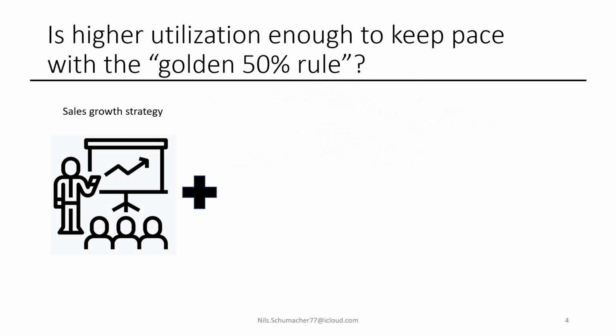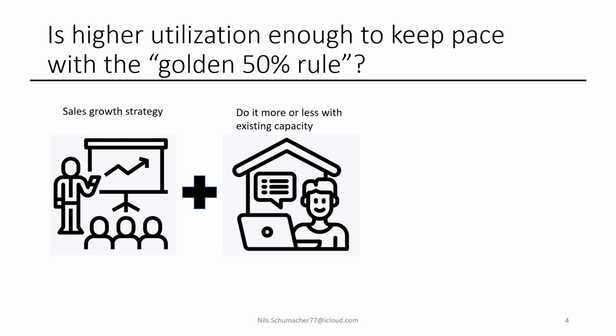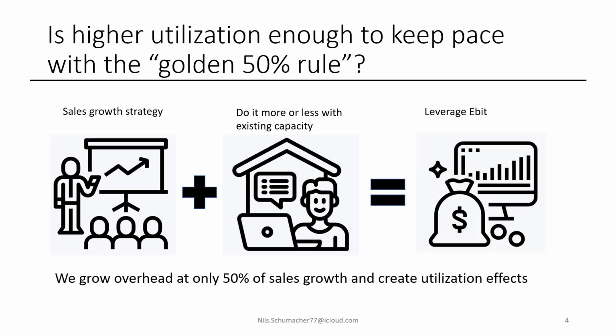The idea of the 50% golden rule is to grow your sales basically with the existing capacity or with only a little increase of capacity, especially in overhead, and thus leverage EBIT. The easy approach is to say we will grow our overhead costs only at 50% of the speed we grow sales.